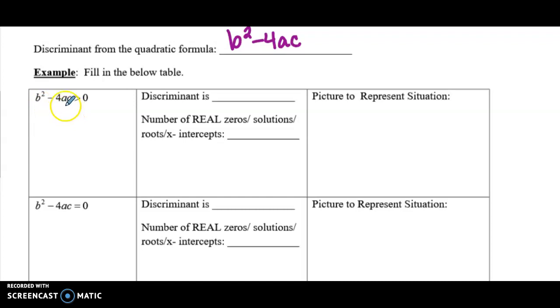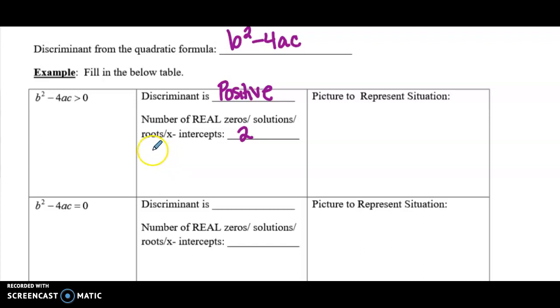Okay, so if b squared minus 4ac is greater than 0, that's going to tell us that the discriminant is positive. The number of real zero solutions, roots, or x-intercepts is going to be 2.